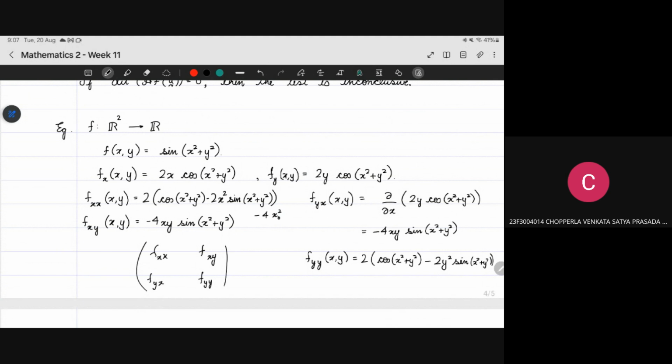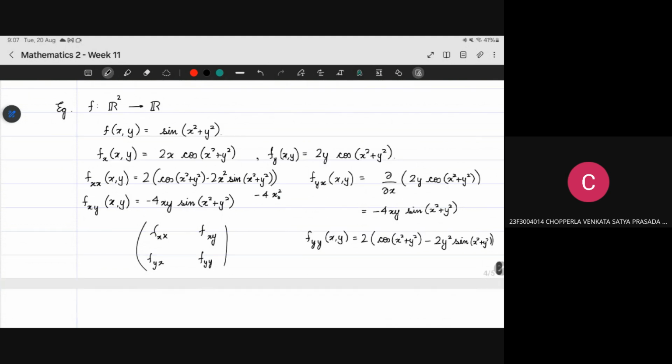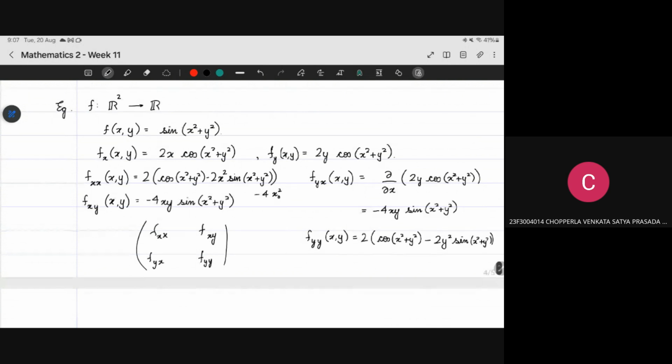I'll just keep it as x naught square because I don't really know what the value is, but it's a positive number. Probably that will suffice. I'm just leaving it at that because I don't want to deal with all the general expression of that. And sine of x square plus y square will be minus 1 to the n.